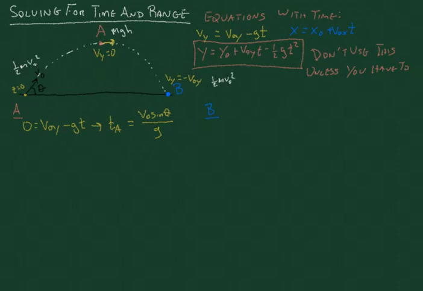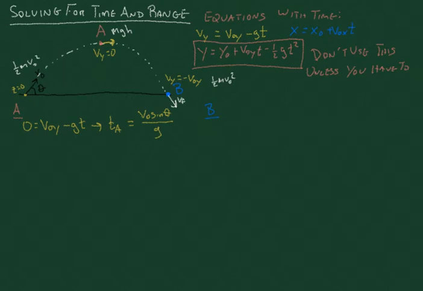In other words, the velocity here is going to have the same exact magnitude as the velocity when we initially launched it. But now, of course, our final velocity still has the same x component, but its y component is reversed. So we know that Vy is minus v0y, the initial y component, when we get to the end.